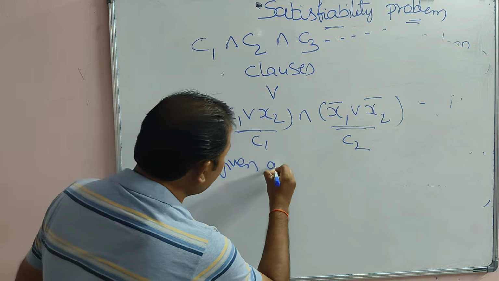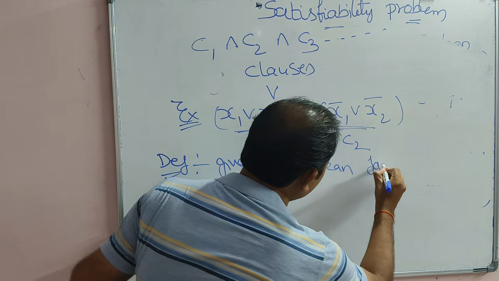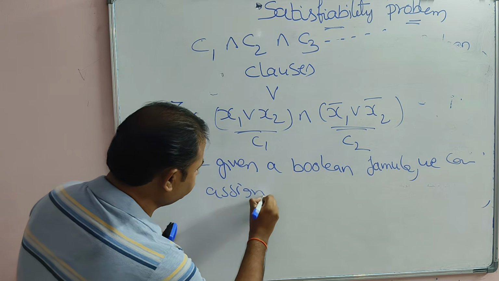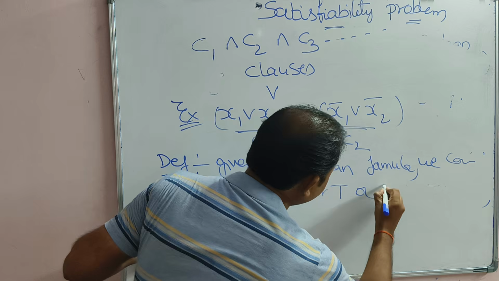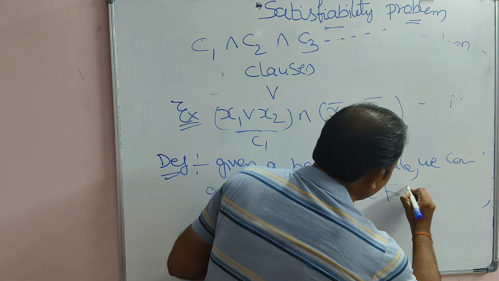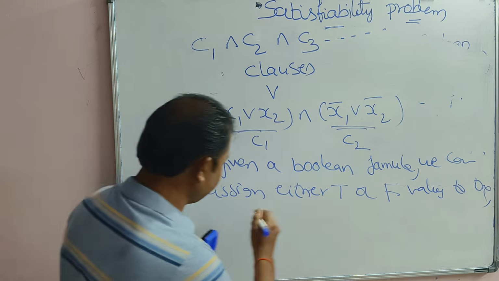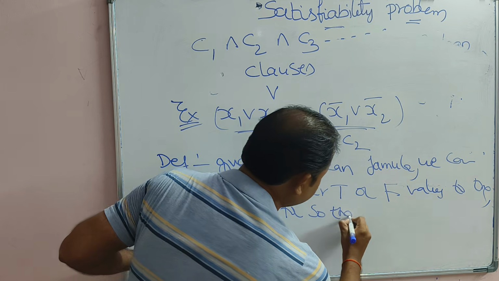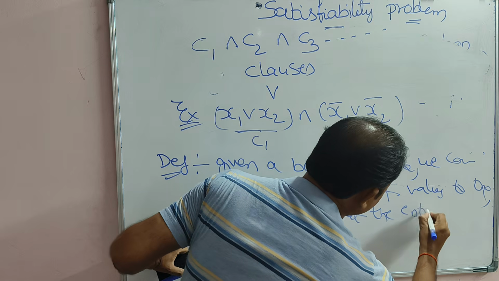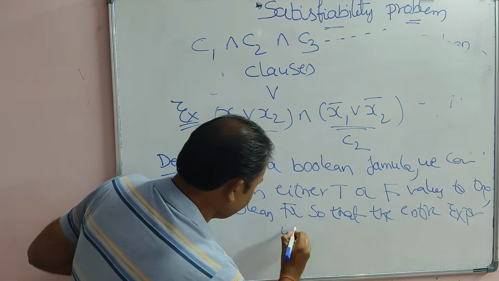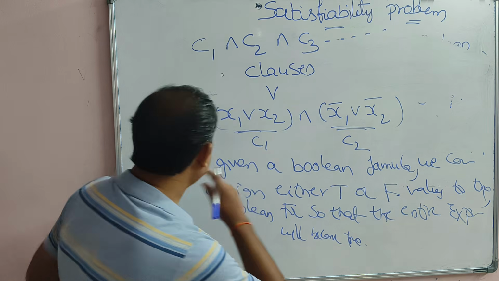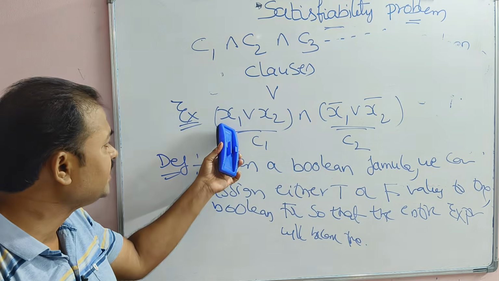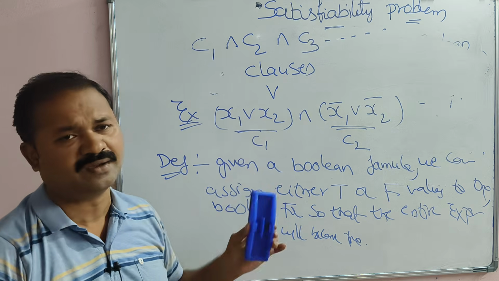Given a Boolean formula, we can assign either true or false values to it. It is our choice. We assign values so that the entire expression will become true. So satisfiability problem means a Boolean formula or Boolean function will be given, and we can assign either true or false values to it.